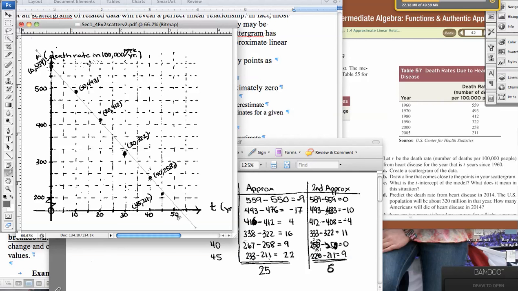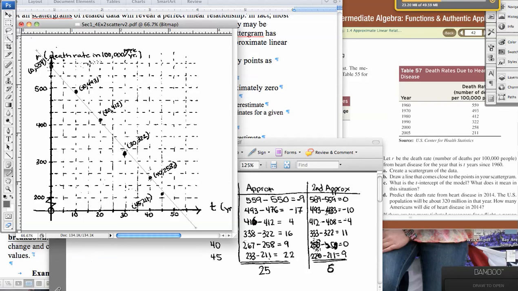We know that's not really probable. Some people are going to continue to die from heart disease no matter what we do, and therefore we have to assume that what we see here is model breakdown, and that's not the accurate representation.